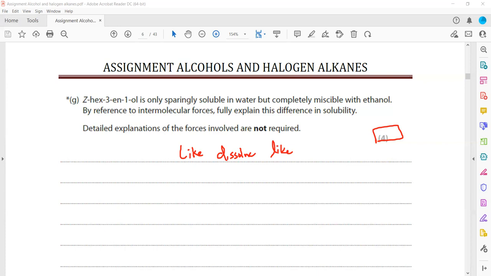It will also have hydrogen bonding and non-polar forces. But when we check water, water has hydrogen bonding only. And when we check ethanol, we compare the forces, first identifying the forces within the molecule.